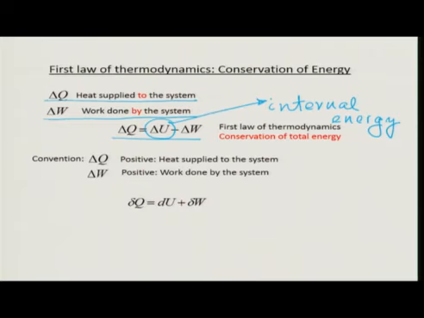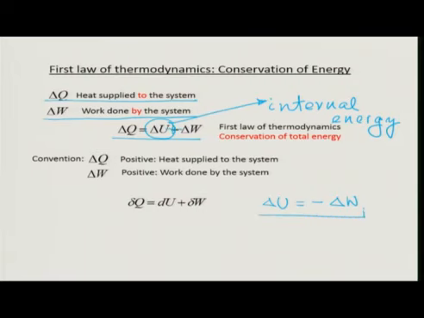So, you see if delta W is 0, the first example of the previous slide, delta Q is delta U. So, whatever heat I supplied went into increasing this internal energy. And then if I do some work, but do not allow any heat exchange, so that delta Q is 0, you see delta U is equal to minus delta W.